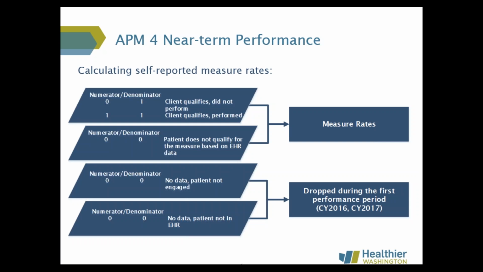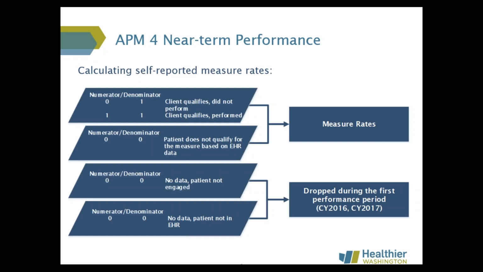Additionally, in the next grouping down, we're dropping those clients that don't meet some specific requirements that you've identified in your EHR for your denominator. So the patient does not qualify for the measure based off of what you're seeing in your own EHR data. We're dropping those clients, and that will go into your measure rates.